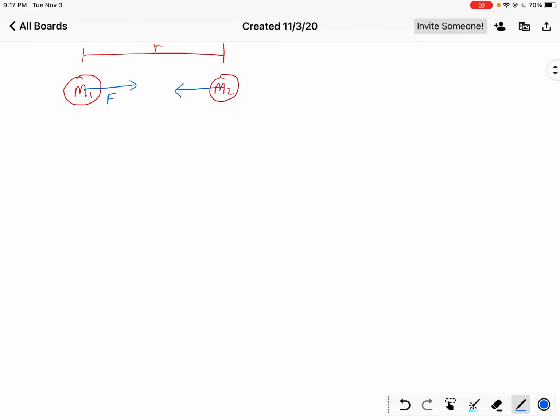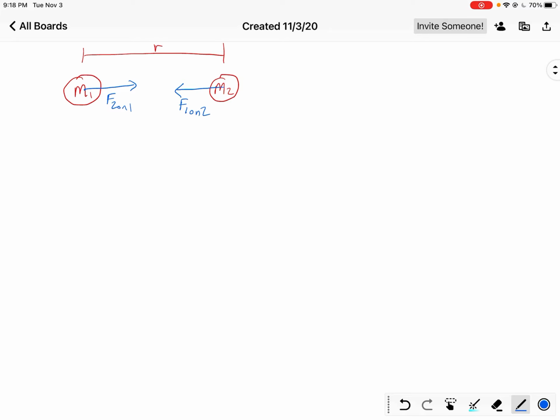So, force of object 2 exerts a force on object 1. There's also an equal and opposite force of object 1 on object 2. That's a Newton's third law pair. So these objects are attracted to each other. It's true of any two pieces of mass.